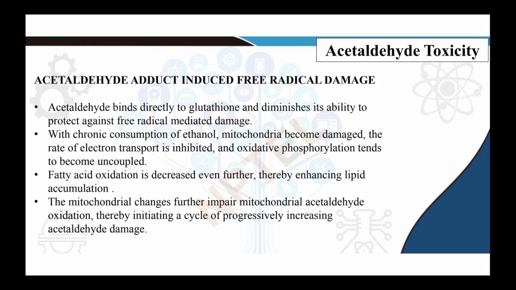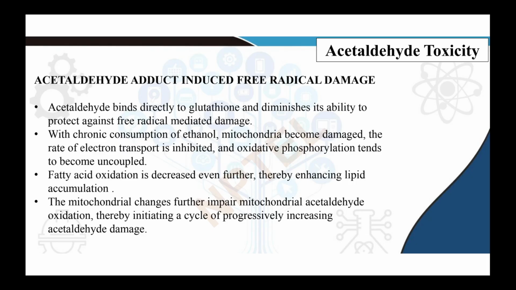So, you see how it is a cyclical process. If we have consumed more ethanol, more acetaldehyde will form. It is going to damage the mitochondria, where the acetaldehyde can be converted into acetate. Because the mitochondria are being damaged, more and more acetaldehyde accumulation will occur, and it will amplify the acetaldehyde dependent damage in the cell.